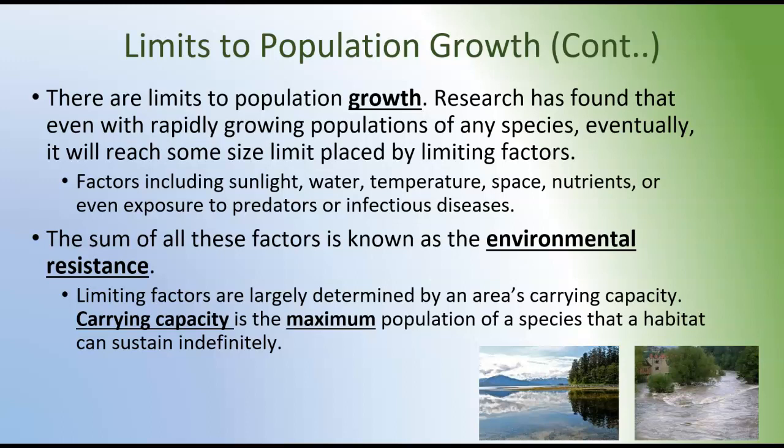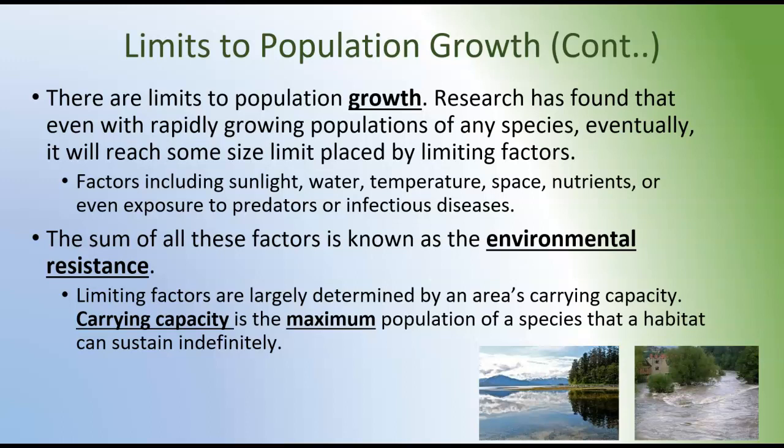So there are limits to how a population can grow. When we look at research, it is found that rapidly growing populations of any species eventually reach some size limit placed by limiting factors, including sunlight, water, temperature, space, nutrients, or even exposure to predators or infectious disease.